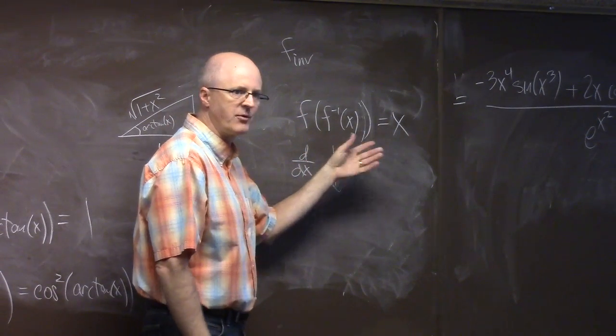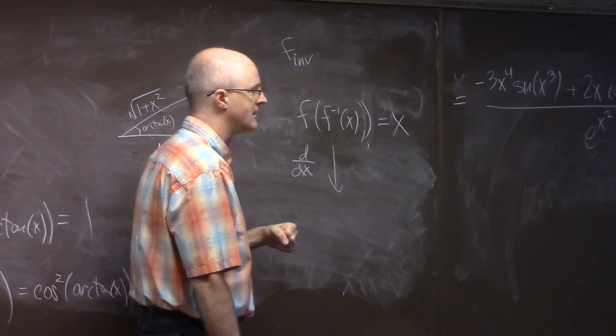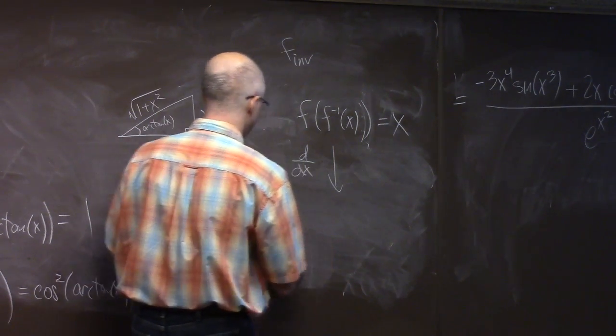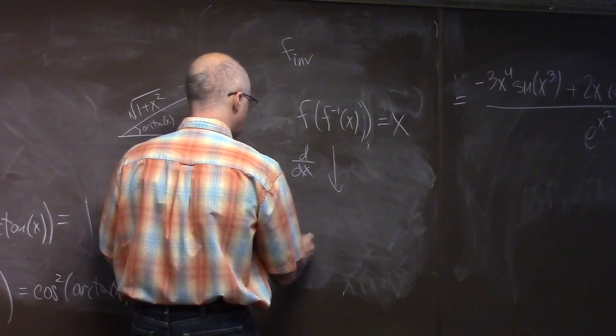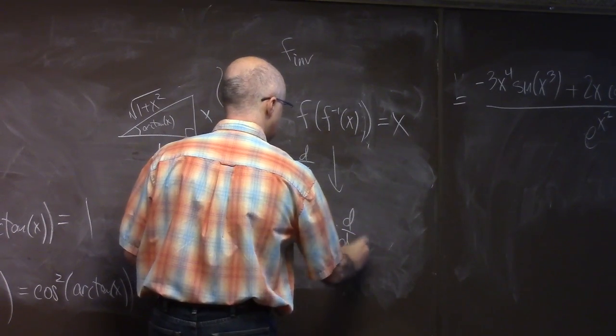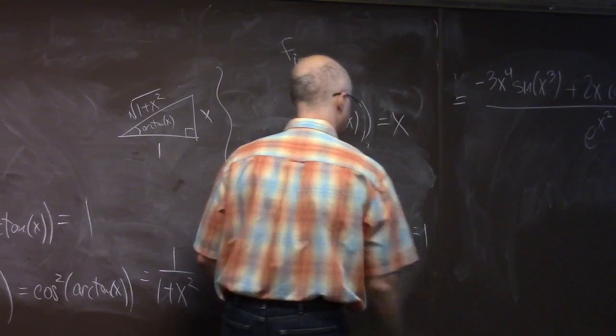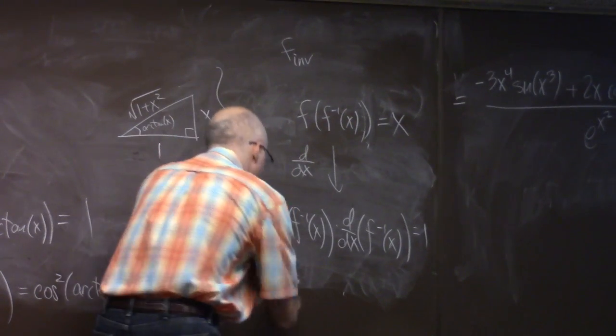By the way, this would be true for all appropriate x in the domain of the inverse function. Whatever that domain might happen to be. Now use the chain rule. Assuming this derivative exists, solve for that derivative.